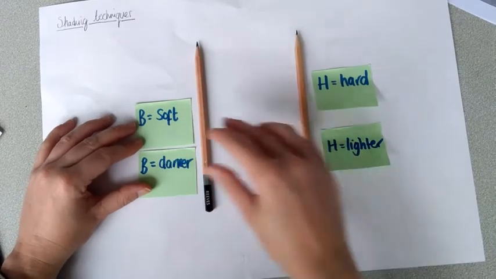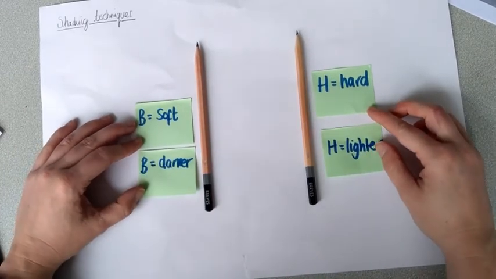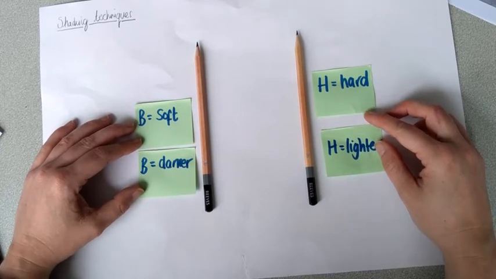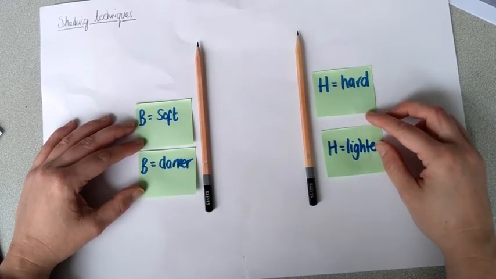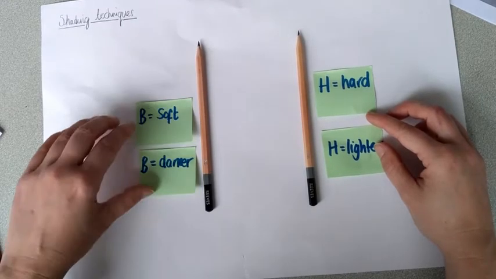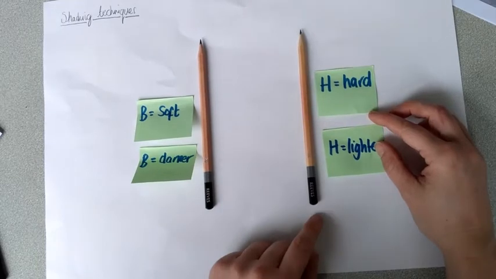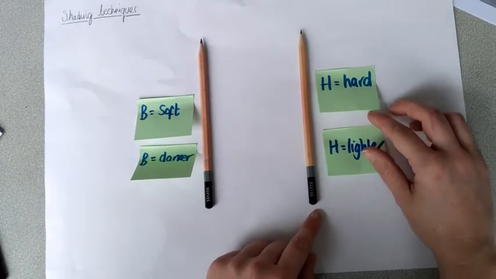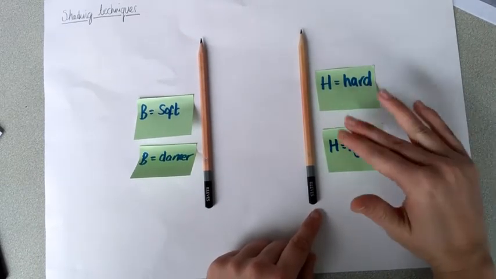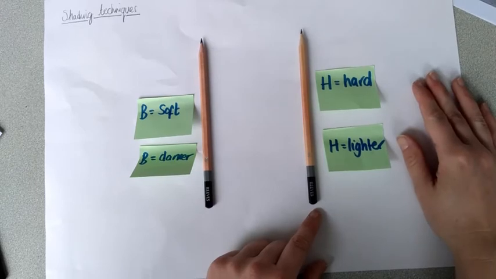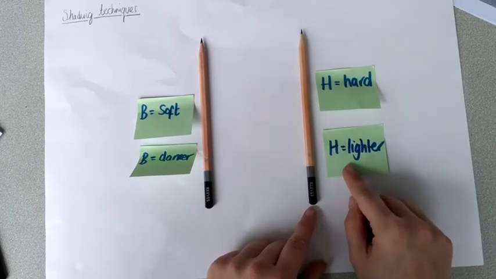So when we are experimenting with our sketching technique, when all of our lines are close together, so when we are creating the darker shades, we use the B pencil. When our lines are further apart, so it is the lighter areas of our drawings, we use the H.